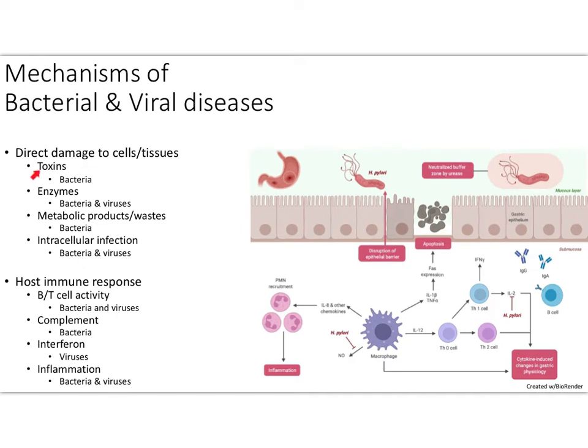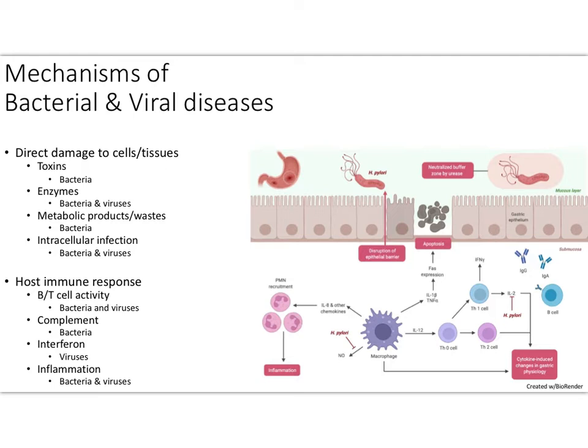So basically, when we look at this one, toxins are one of the ways that bacteria will cause damage in our body. Viruses don't really use toxins for the most part, but bacteria oftentimes produce toxins that are usually protein molecules, not always, but usually.